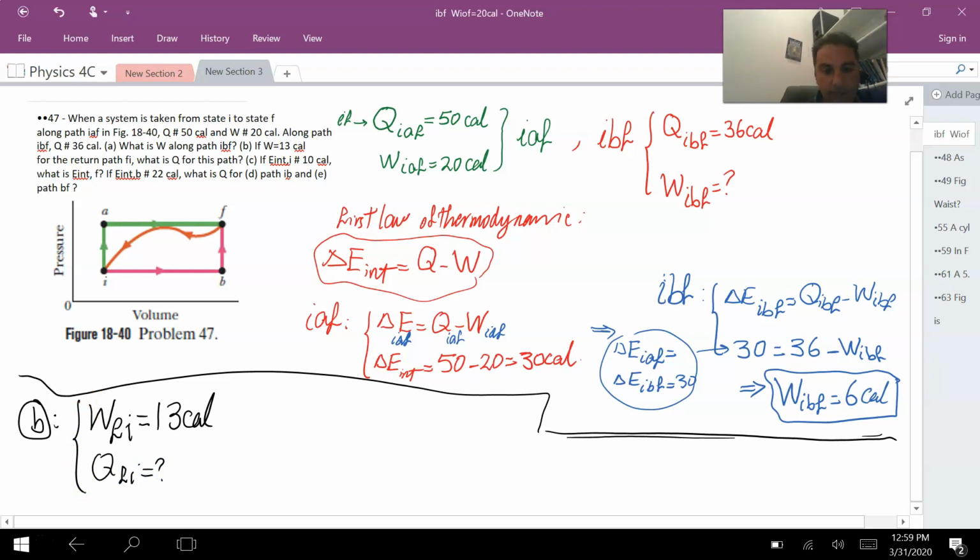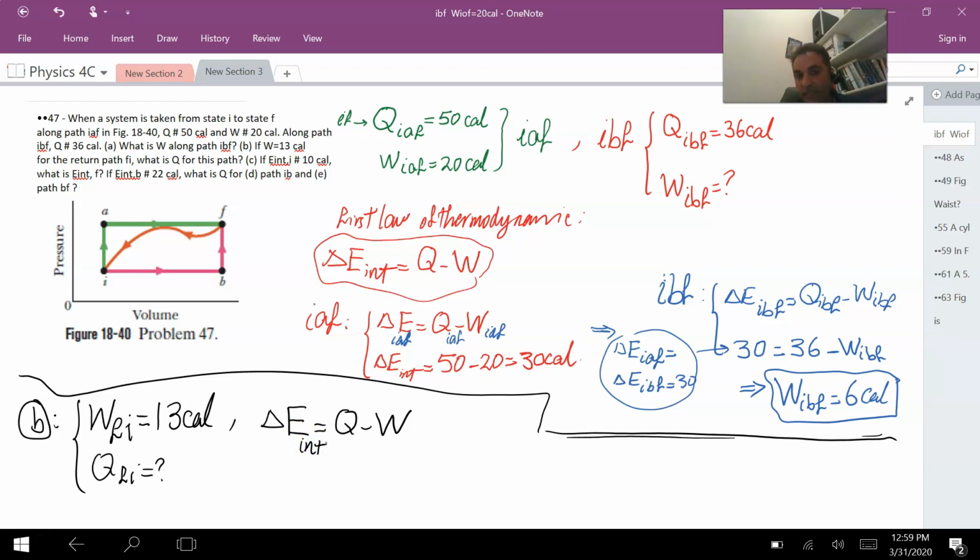What do you think? Again, your equation is this: delta E is Q minus what? W. Am I right? Remember, the change in internal energy in a closed system is constant.